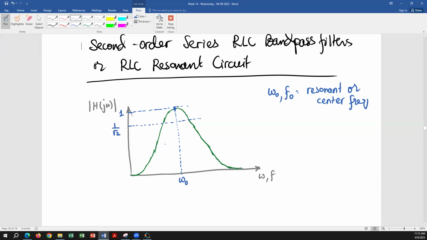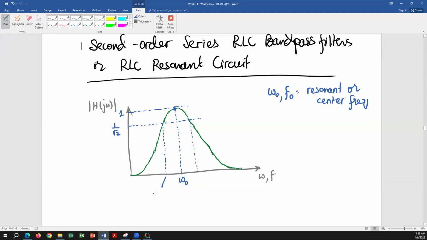You have a frequency on the lower spectrum, which we call the lower cutoff frequency, and you have a frequency at the upper spectrum that you call the upper cutoff frequency. So this is generally represented in terms of omega.